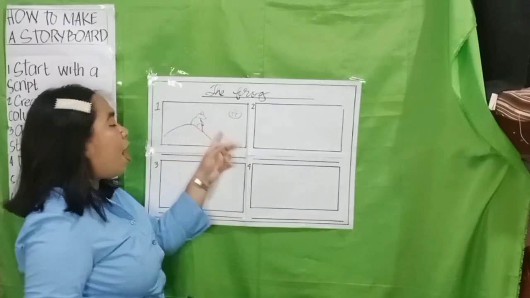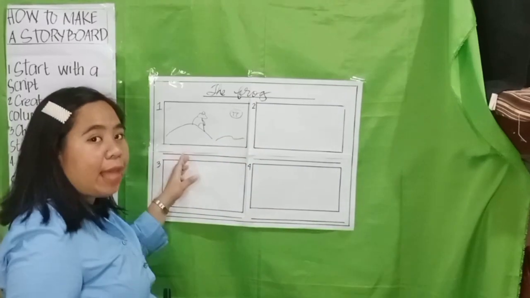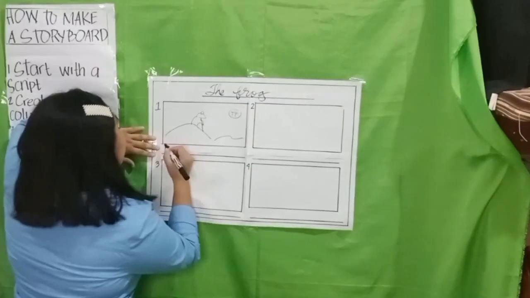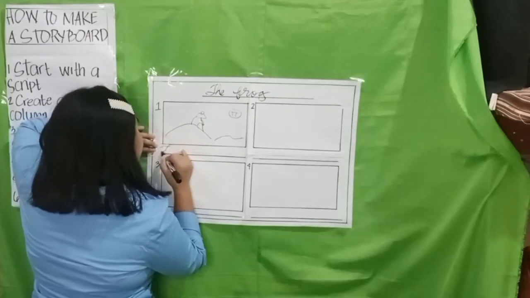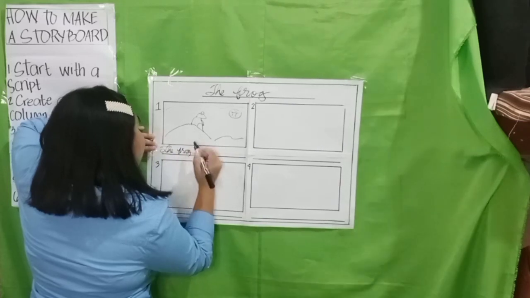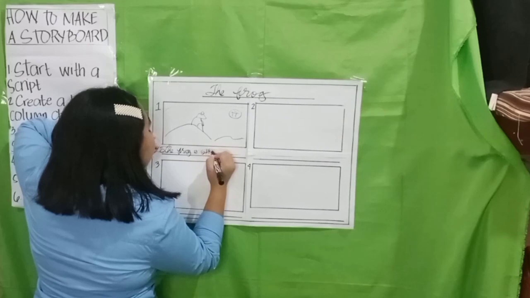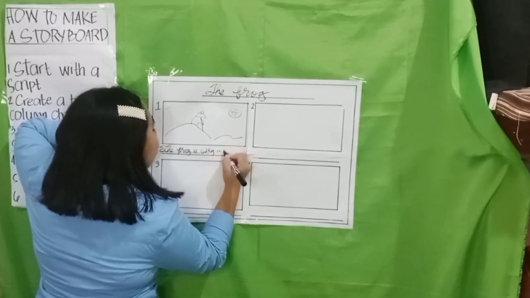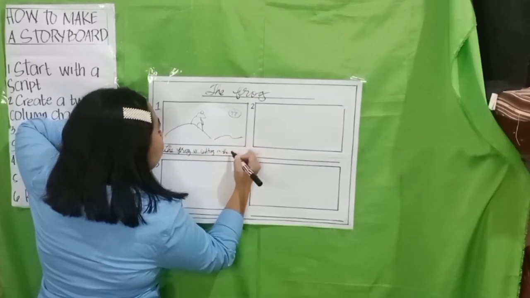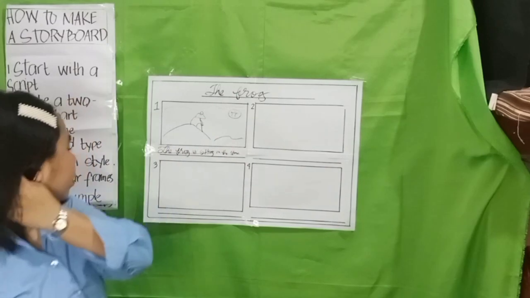The frog is looking at the water. So we're going to put the information or the caption. The frog is sitting on the stone.